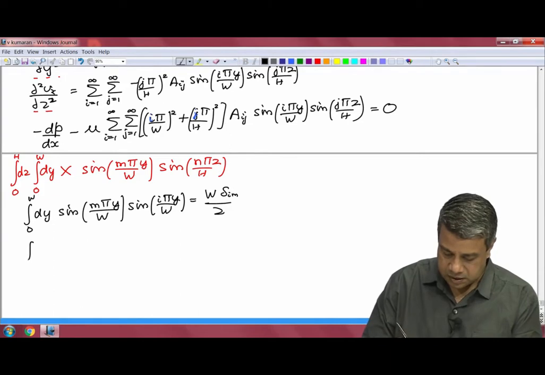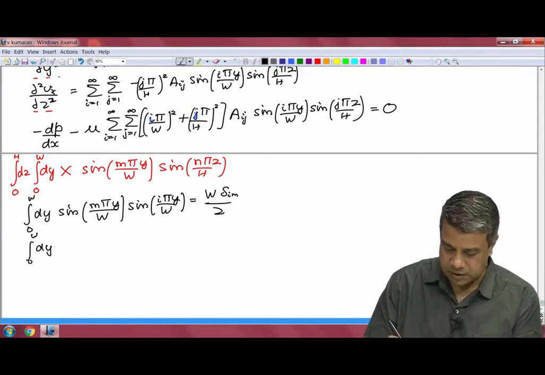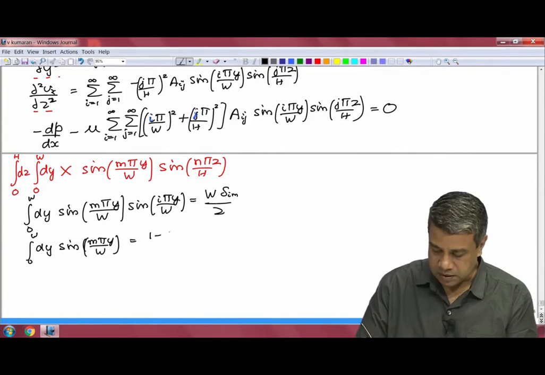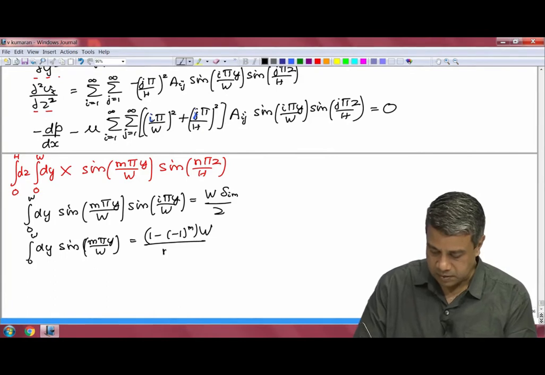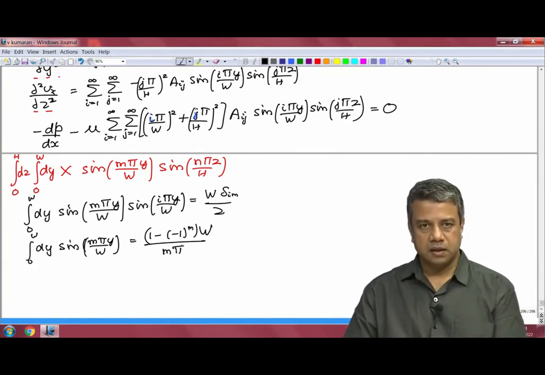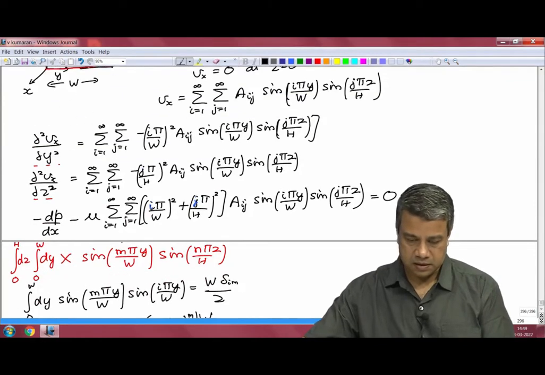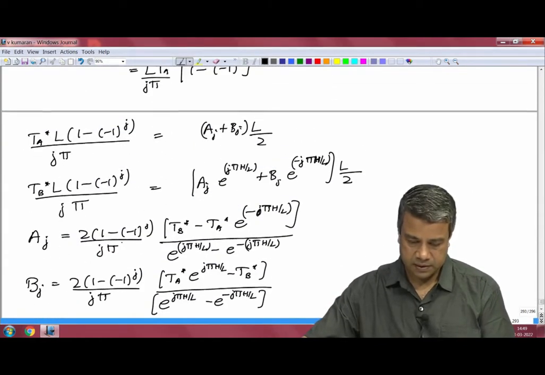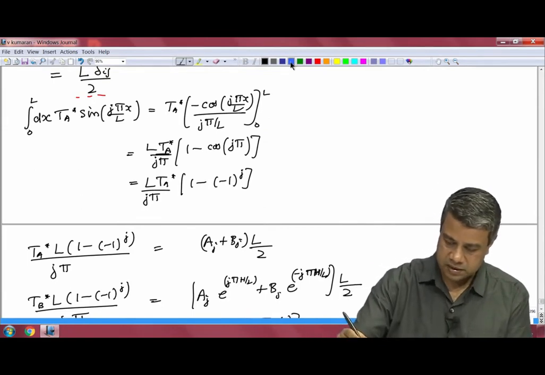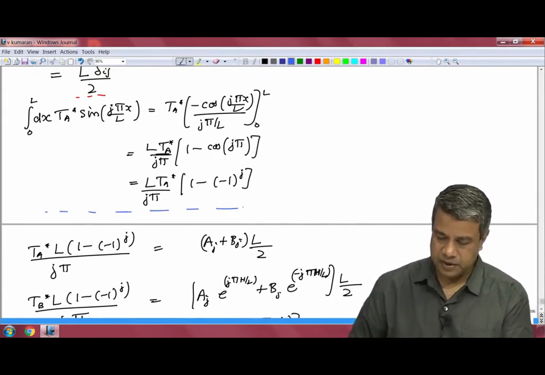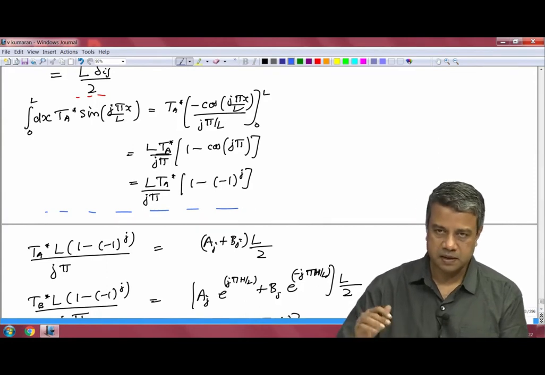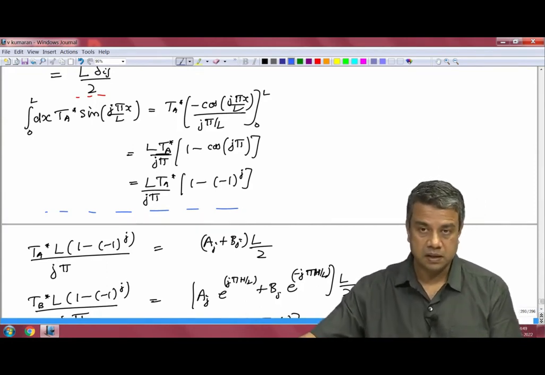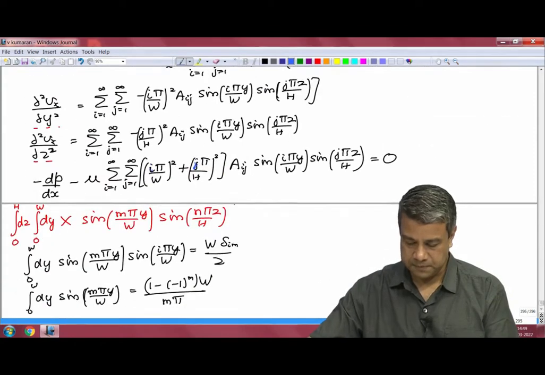Also we had integral 0 to w dy of sine of m pi y by w is equal to 1 minus (minus 1) power m into w by m pi. You multiply the sine function by a constant, and this is what we just derived: 1 minus (minus 1) power m times that constant into w by, in this case, m times pi.